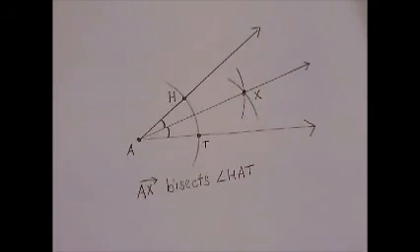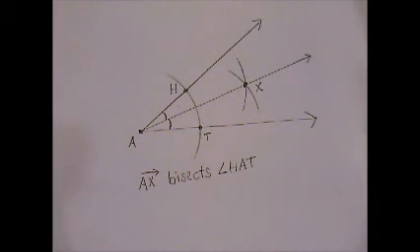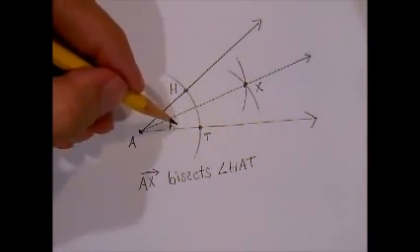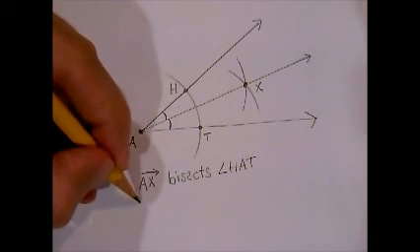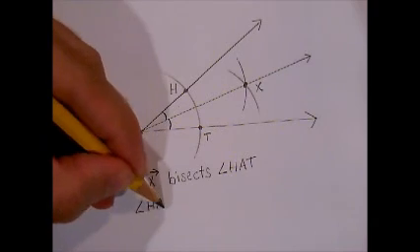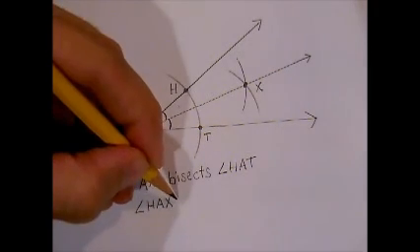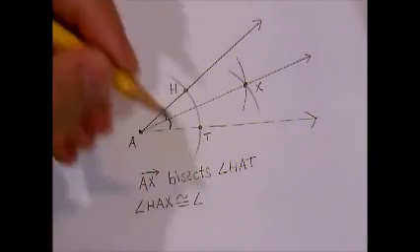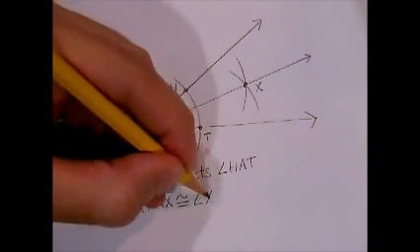And what does that actually mean? What it means is that these two angles are congruent. Angle HAX is congruent to angle XAT.